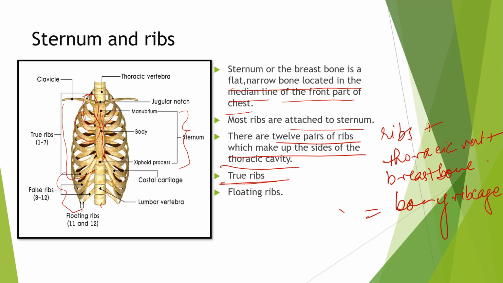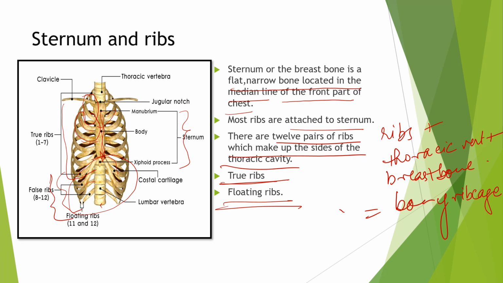Next, the remaining 5 pairs of ribs do not attach to the sternum. You can see they are not attaching to the sternum. So these are called the false ribs, or floating ribs.